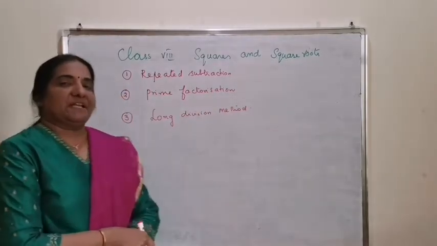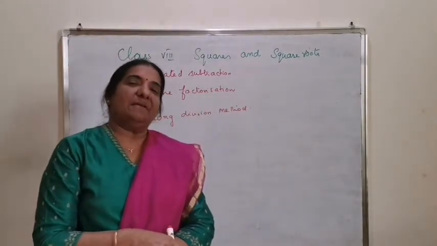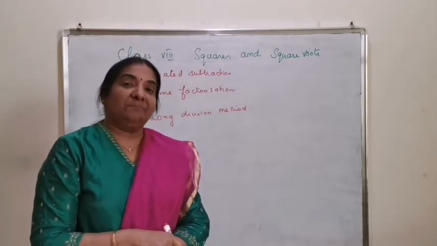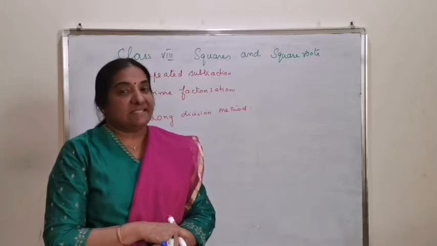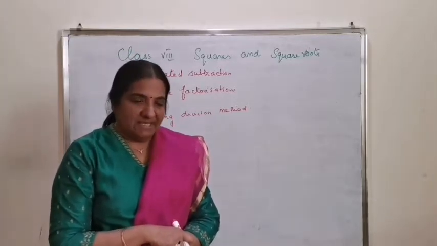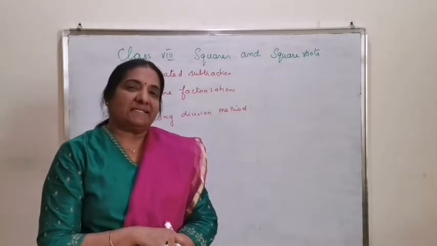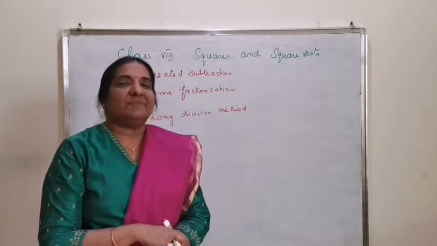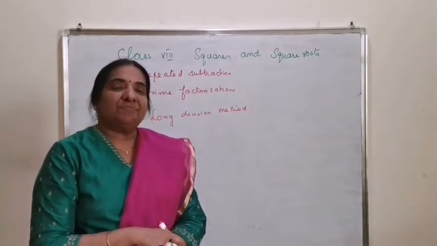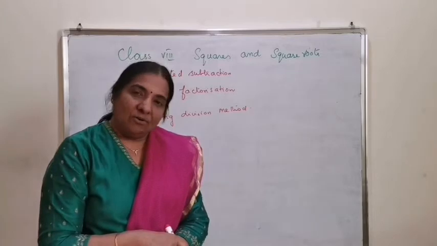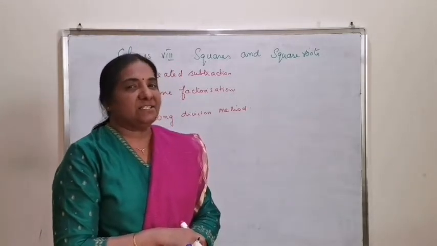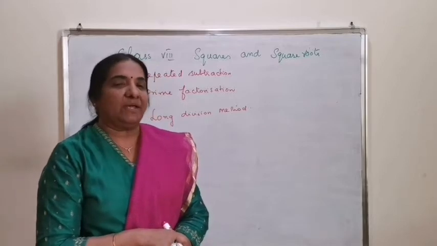The repeated subtraction method has already been mentioned as an interesting pattern, that any square number can be expressed as the sum of consecutive odd numbers. That is, when you subtract odd numbers from the given number, the number of times you subtract so that the resulting answer is 0 will give you the square root.